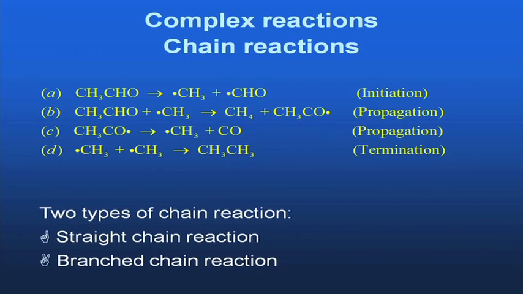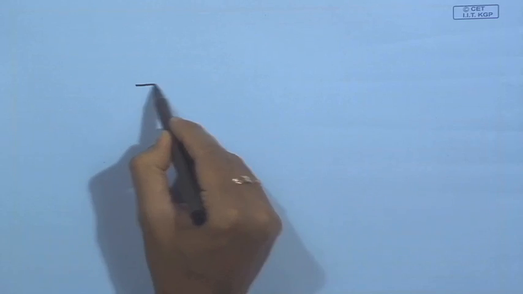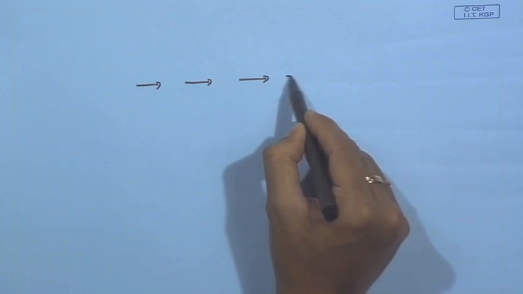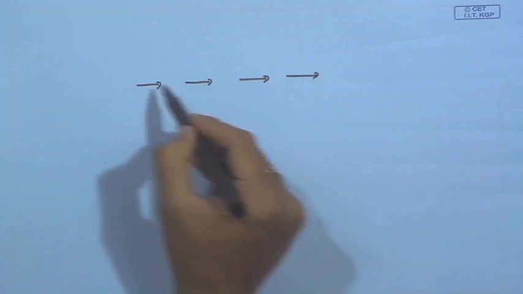Next we will move on to chain reactions. Chain reactions means a reaction which has a number of steps, like one step then another step then another step, which occurs in a chain. So, it is a sequential event.